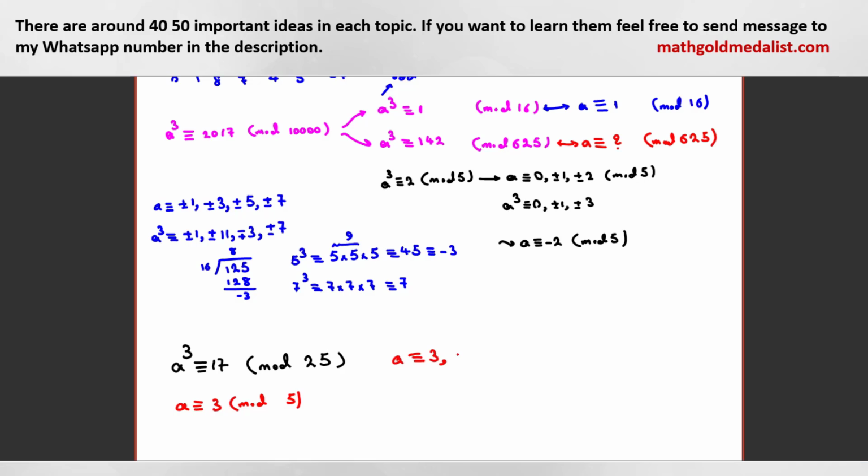No, after 3 we should check what number? 5. Yeah. 5 mod 5 is 0. 7, 7 mod 5 is 2. It should be 3. So is 3 the only number we can check? No, A mod 5 is 3. We want to check what numbers mod 25 can be. A from here. Oh, okay.